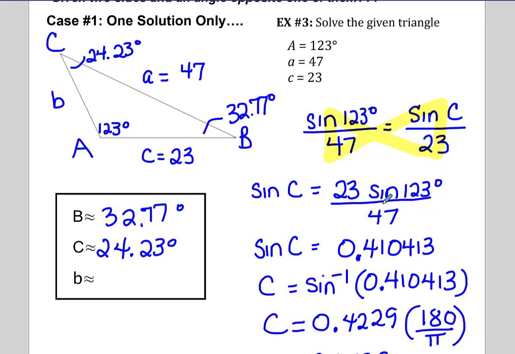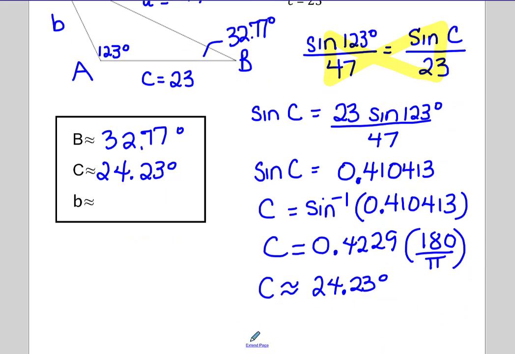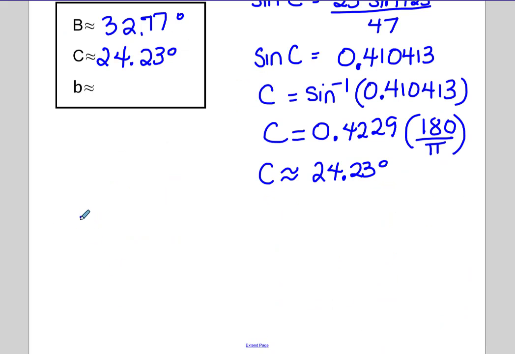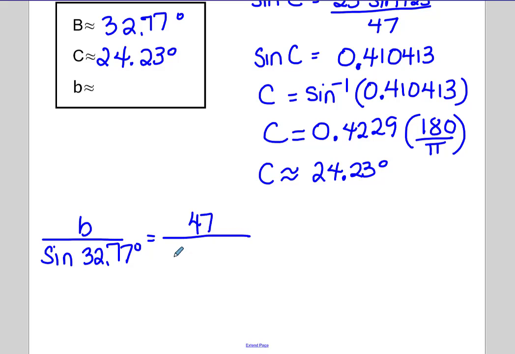Okay, now side B, we can set up that proportion: little b over the sine of 32.77 degrees is proportional to that first given thing. I'm going to use the given that they gave us just in case I made a mistake back here. So the sine of 123.